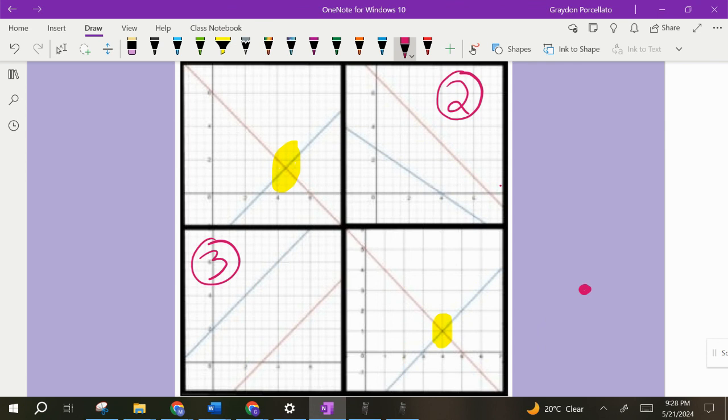Well, those lines are parallel. They look like they have the exact same slope. So those lines will actually never intersect. If two lines have the same slope, they won't intersect. Otherwise, two lines that have different slopes will always intersect.